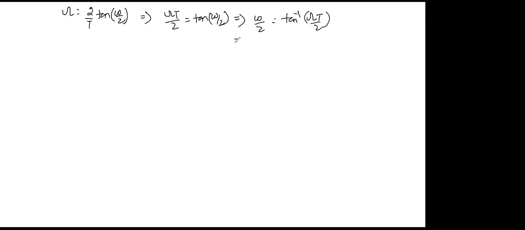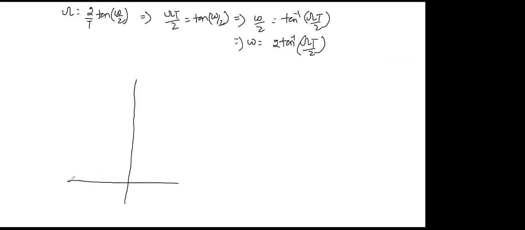Or finally small omega equals 2 tan inverse of capital omega T by 2. Now I want to plot a graph between small omega and capital omega.